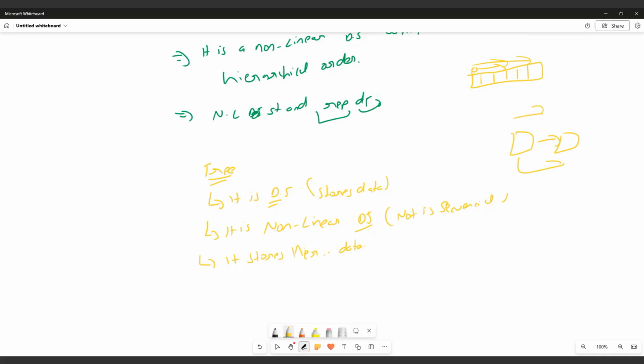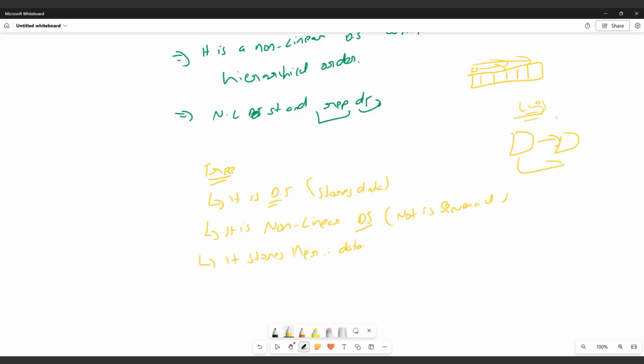Still, we call the linked list a linear data structure. Shruti, is it clear? Okay, guys, I guess it's clear.